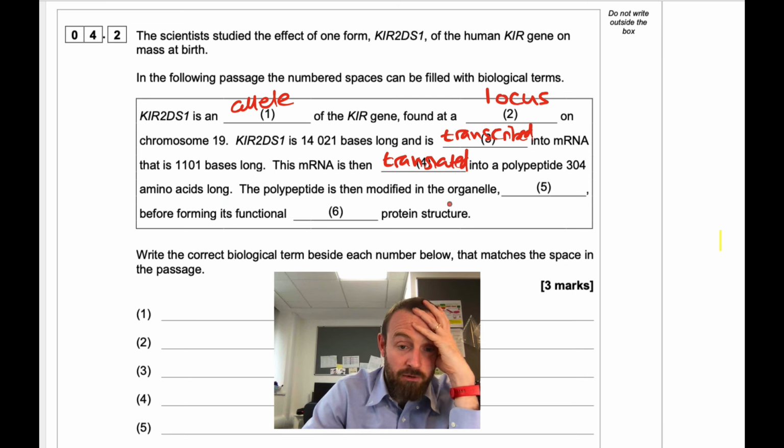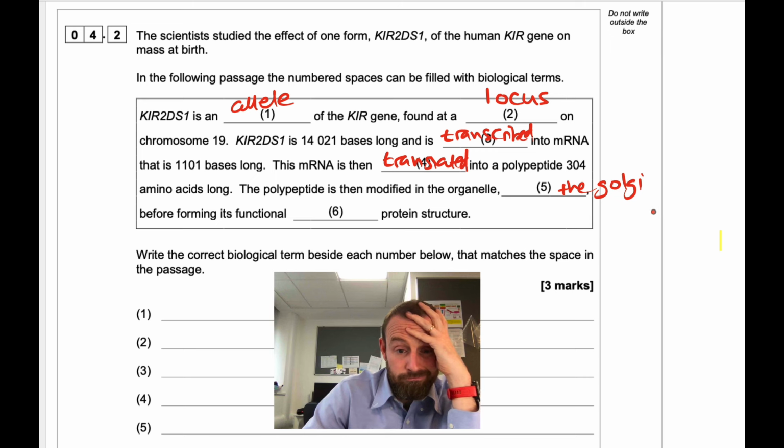The polypeptide is then modified in the organelle, the Golgi apparatus or Golgi body, before forming its functional tertiary or quaternary structure. We don't know if it's quaternary, so I'd probably say tertiary.